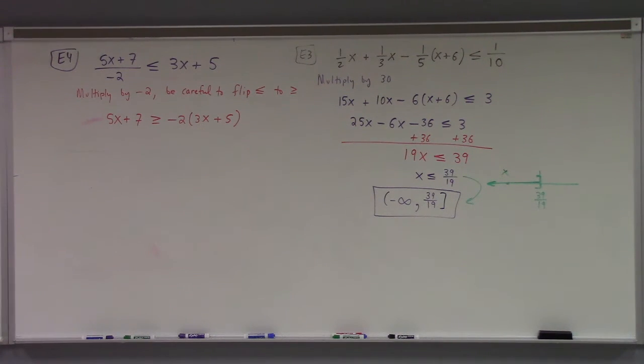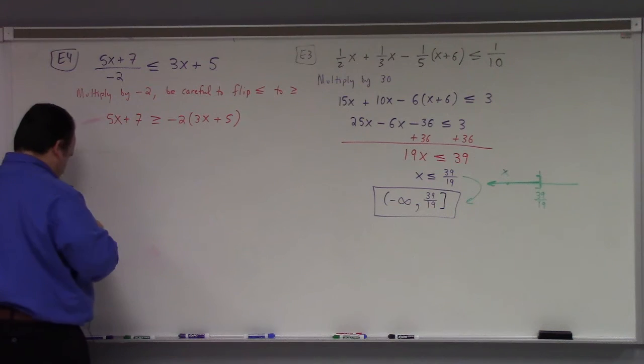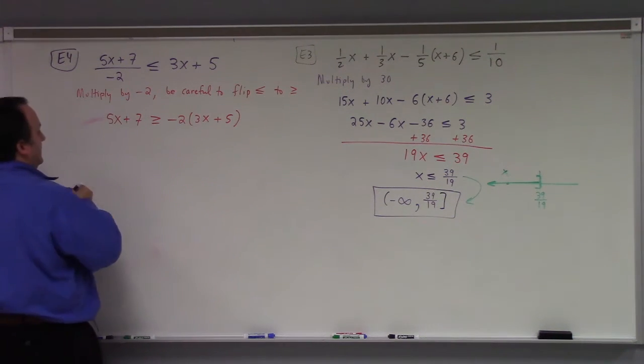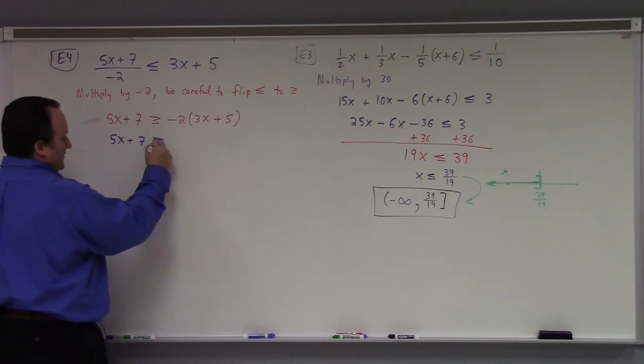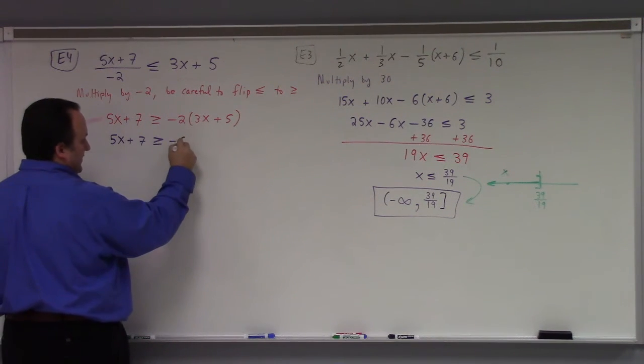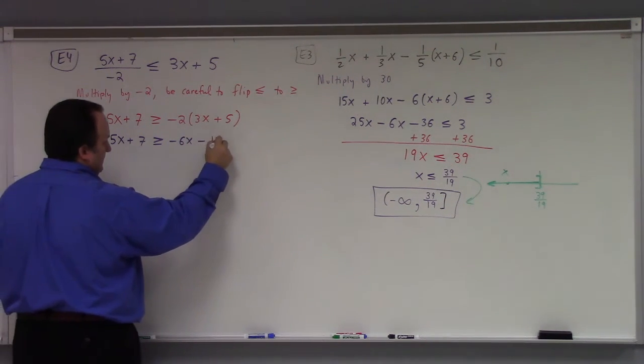Of course the minus 2 over minus 2 cancels on the left-hand side, and we can distribute that. So we've got ourselves 5x plus 7 greater than or equal to minus 6x minus 10.